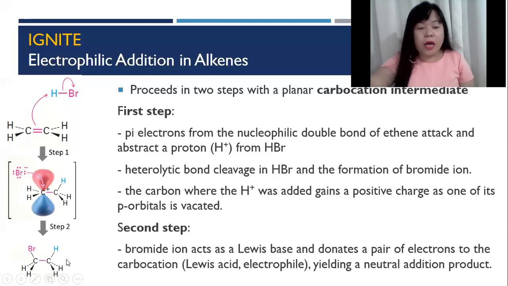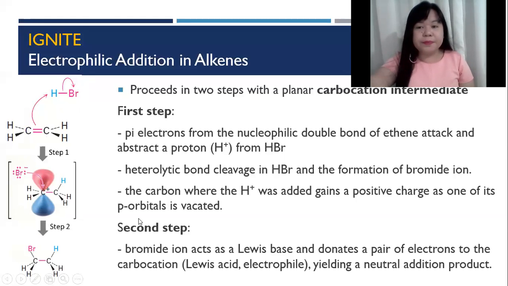Okay, so important things to remember for the mechanism of the electrophilic addition in alkenes would be that first, the electrophilic group is the first one to attach to the double bond structure here, and then the more electronegative group comes in second or enters the structure or the substrate second.